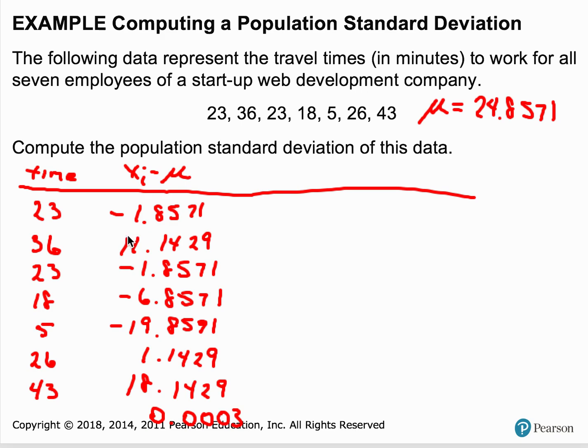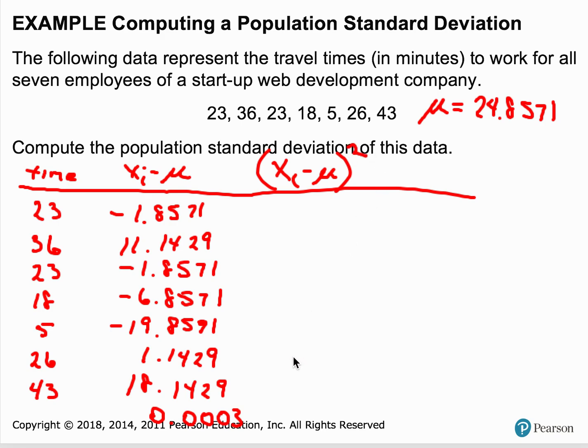So every single time we find how far each point is away from the mean, the average of that's going to be 0 because the mean is the balance point. So to get away from that always being 0, let's go back and square all of those numbers.